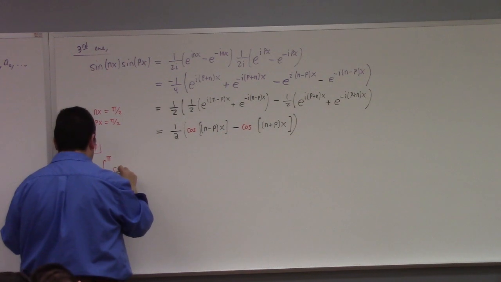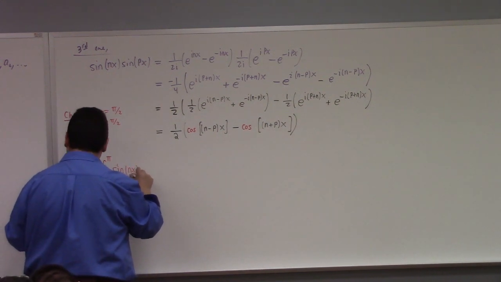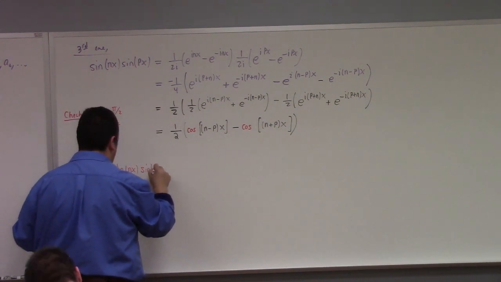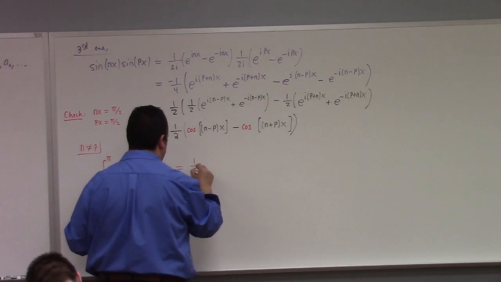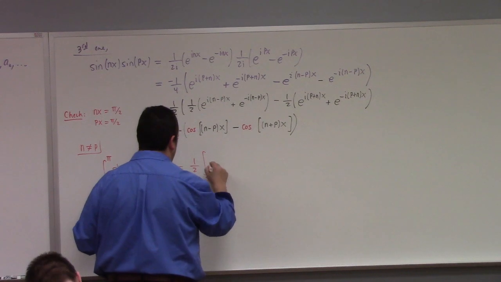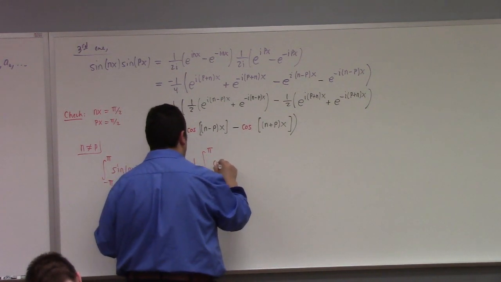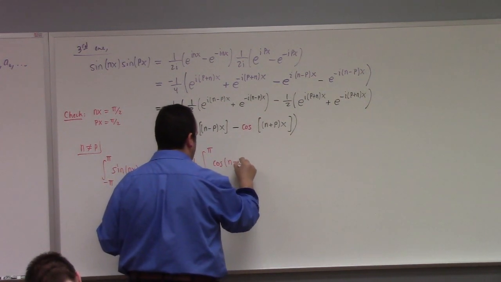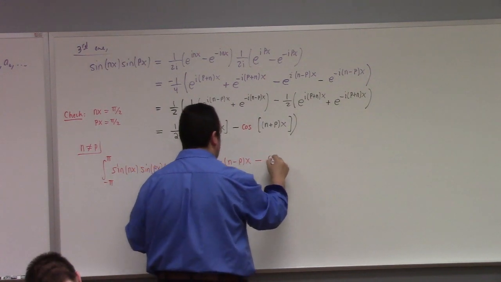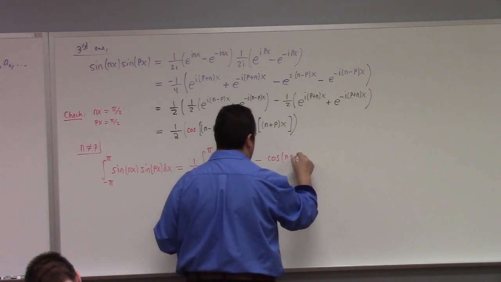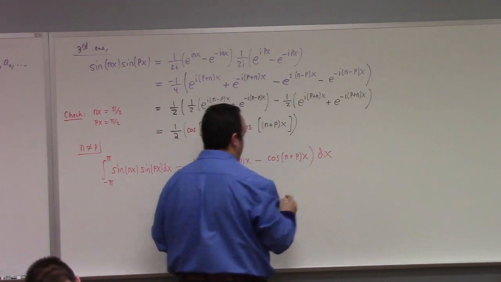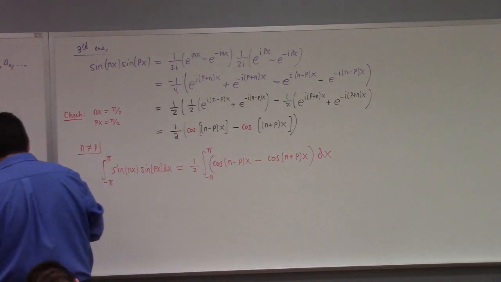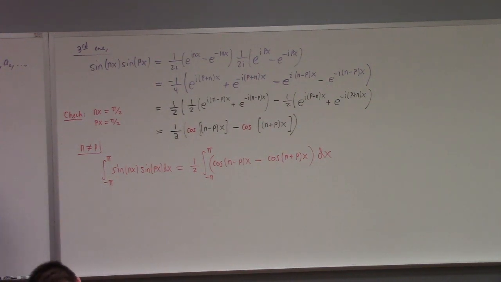So we got the integral of sine of nx sine of px dx equal to 1/2 integral from minus pi to pi of cosine of (n minus p)x minus the cosine of (n plus p)x. You'll forgive me if I skip a parenthesis there to reduce the clutter a bit.